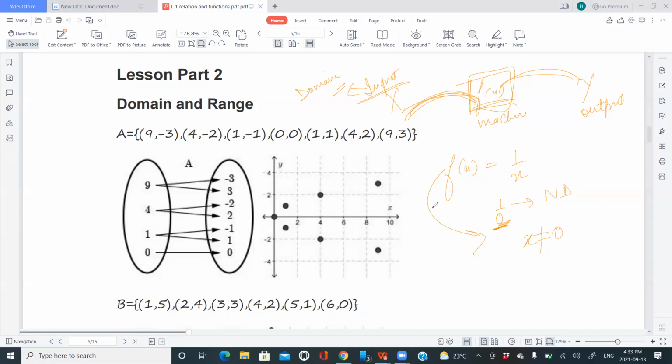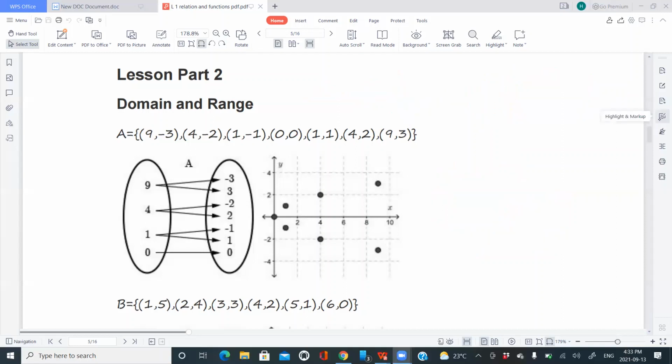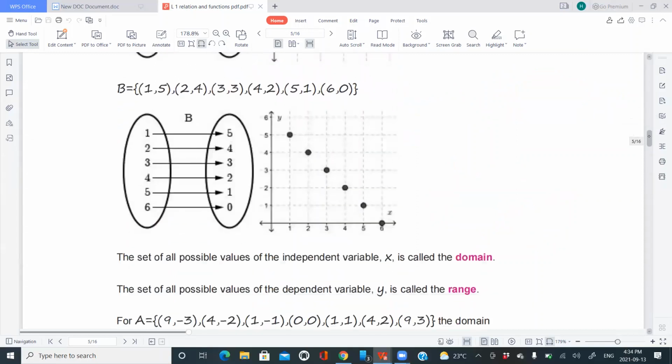Range is our output. Whatever domain values we put in x, after putting those values, whatever output we get, that is our range. Got it? Yes, once I do the homework and worksheets, I think I'll get it even more.